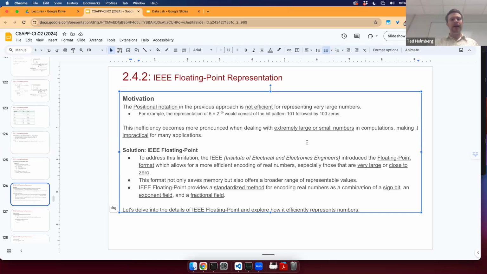So this format is going to save us memory, though, and it's going to offer us, obviously, a broader range of values. Also, it's important because this is the standard method for encoding real numbers as a combination of a sign bit, an exponent field, and a fractional field. So these are going to be the three pieces of data we're going to use to encode our values.